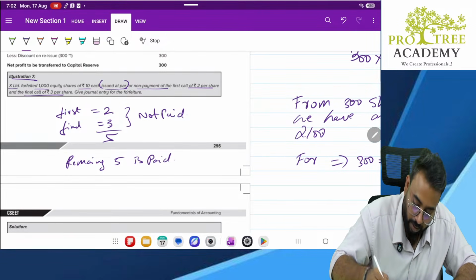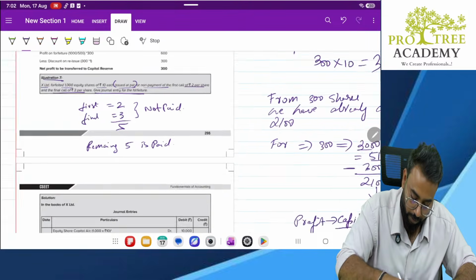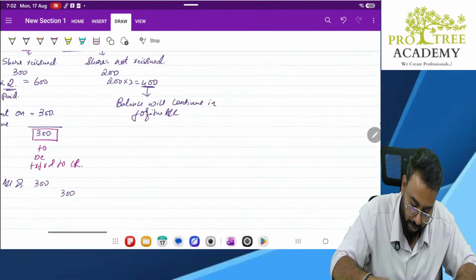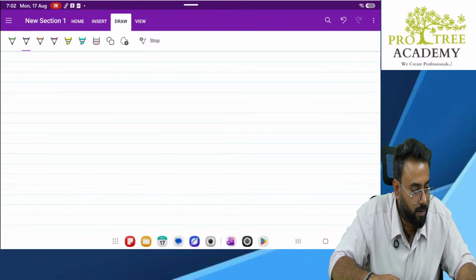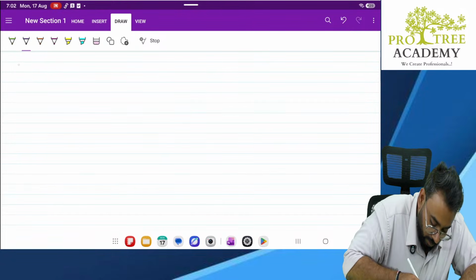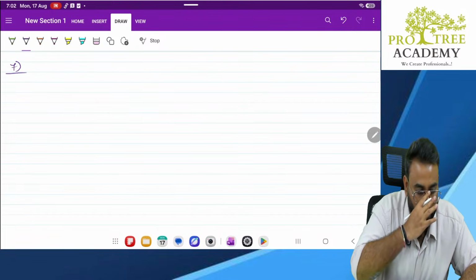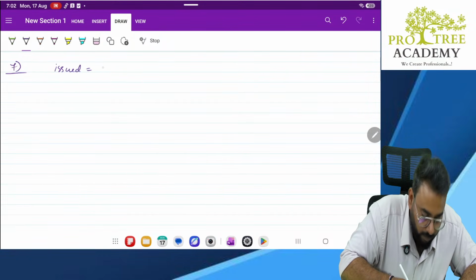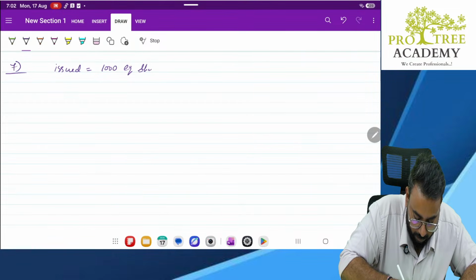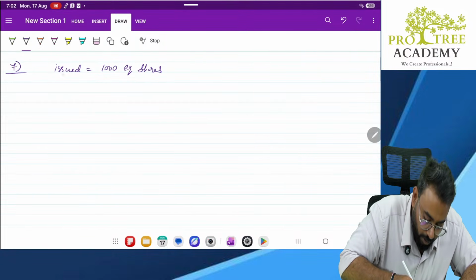Okay, very good. Next, give the journal entry for forfeiture. Illustration number 7. Now, how many equity shares were issued? 1000 equity shares issued.